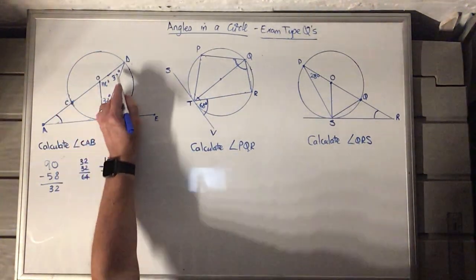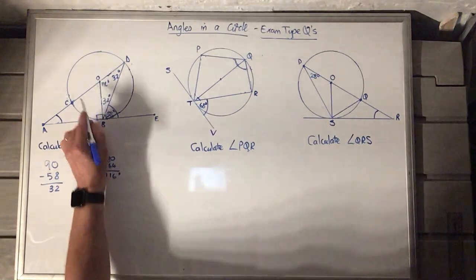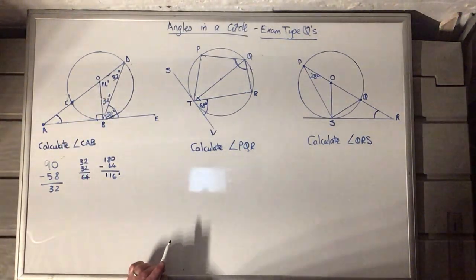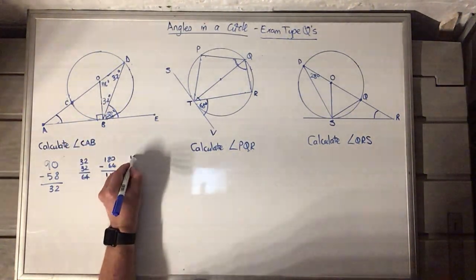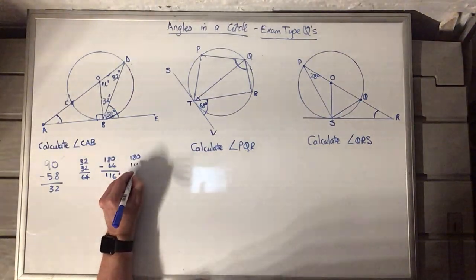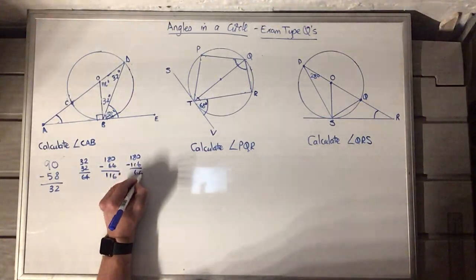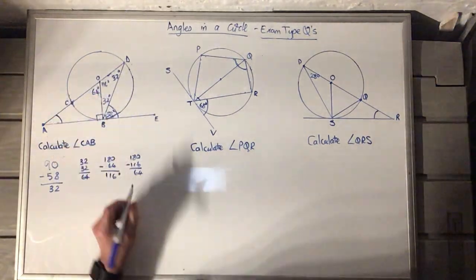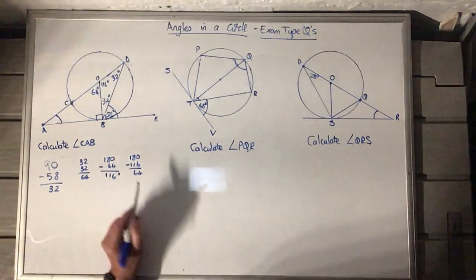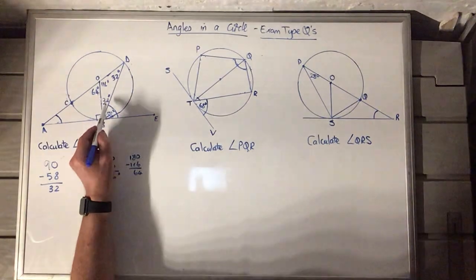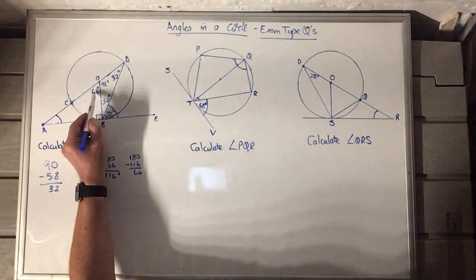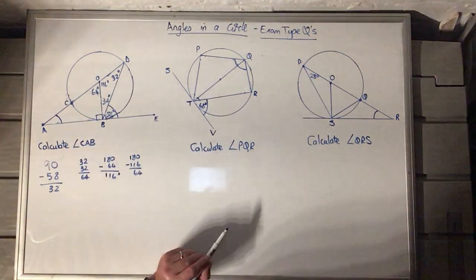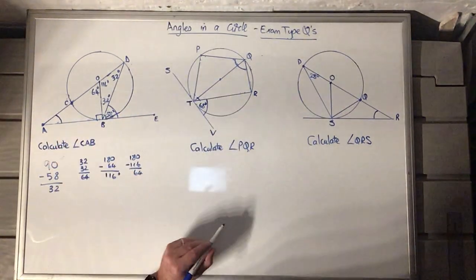So using straight line theory, the straight line adds up to 180. So 180 minus 116 gives me 64. This angle in here. Now, people who are switched on, it is true to say that these two angles here must add up to the same as this angle here. But if you're not sure about that, you just work it all out.